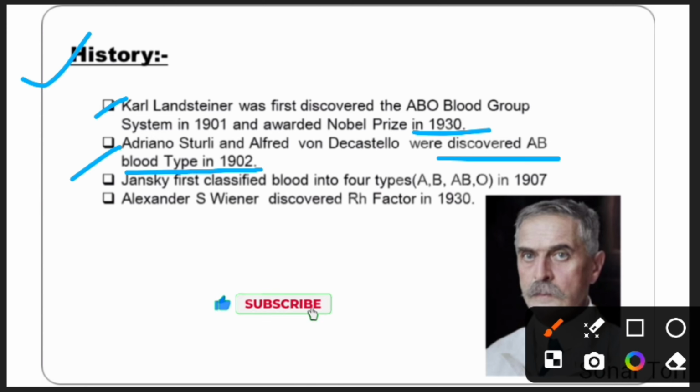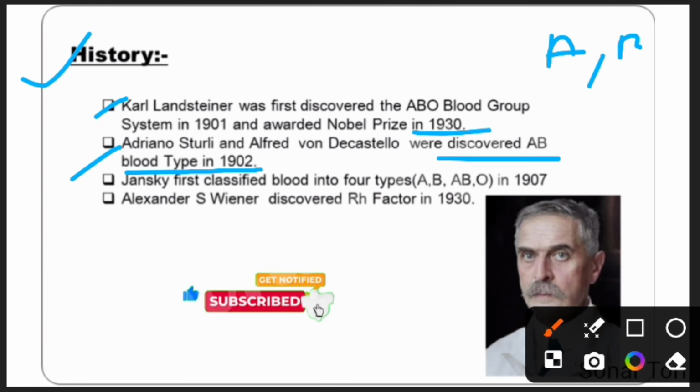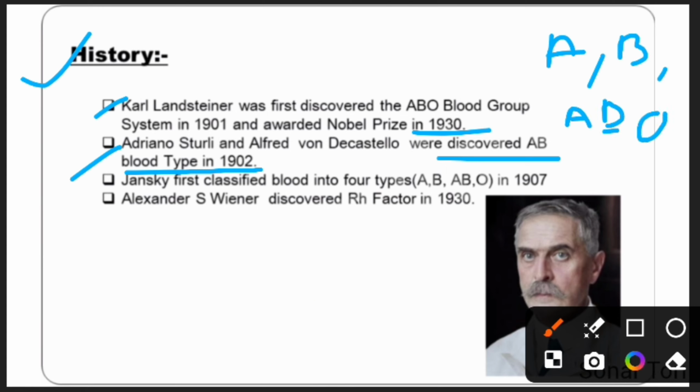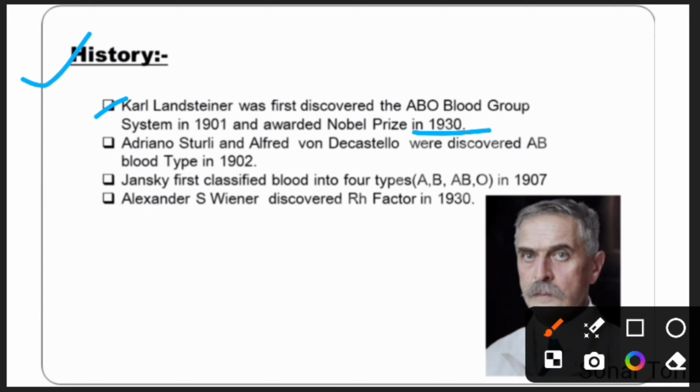In the ABO blood group, there are four types of blood: A, B, AB, and O. Jansky first classified the ABO blood group into four types, meaning A, B, AB and O, in 1907. And last of all, Alexander S. Wiener discovered the Rh factor in 1930.